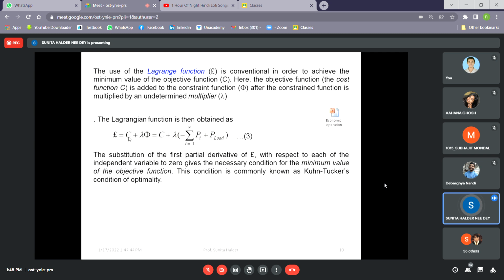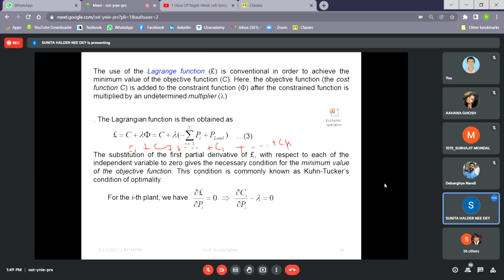This condition is commonly known as the Kuhn-Tucker condition of optimality. This is a branch of mathematics. I do not know whether you have covered this in your mathematics or not. Anyway, for the ith plant, dL by dPi should be 0. If for the ith plant we take the first derivative, then C is actually C1 plus C2 plus dot dot dot plus Ci plus dot dot dot plus Cn, is it not?